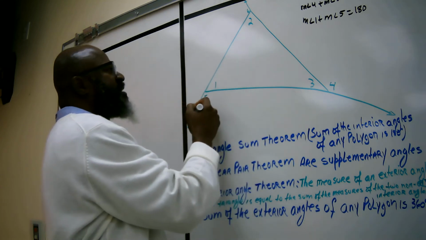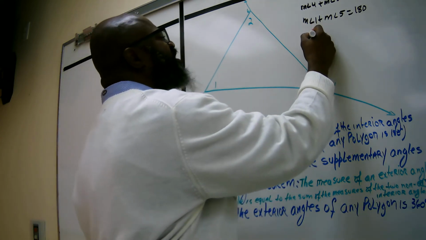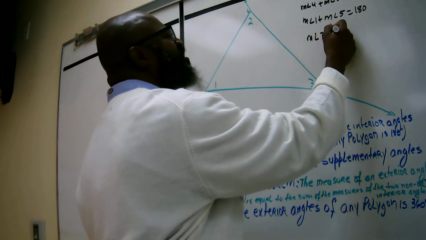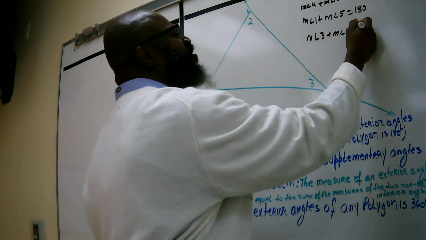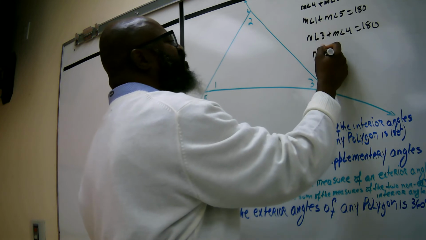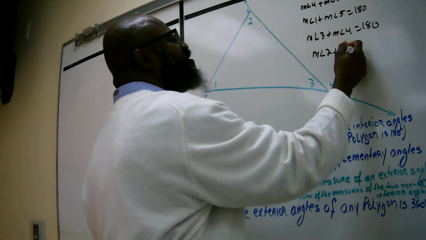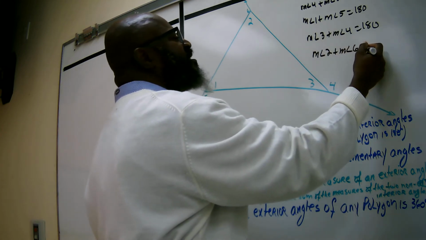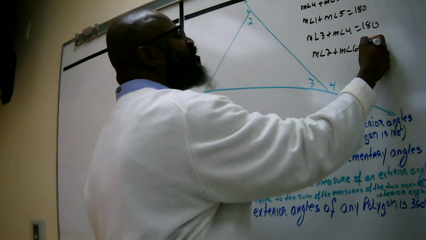Linear pairs are supplementary. The measure of angle 3 plus the measure of angle 4 must also equal 180, and the measure of angle 2 plus the measure of angle 6 is equal to 180.